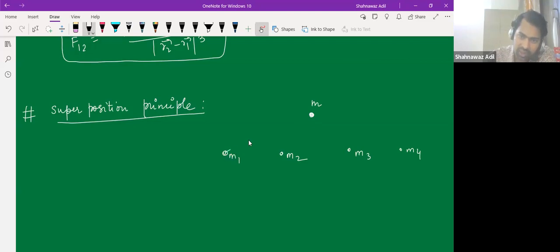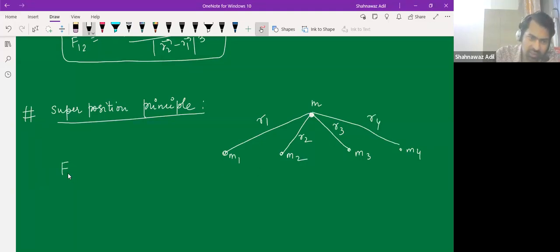Let's say the distances are R1, R2, R3, and R4. So the force of gravitation on M would be the vector sum of individual forces.